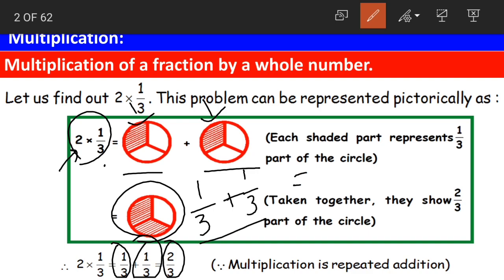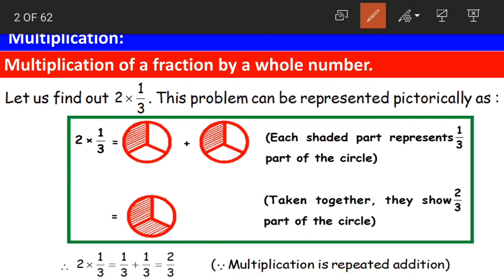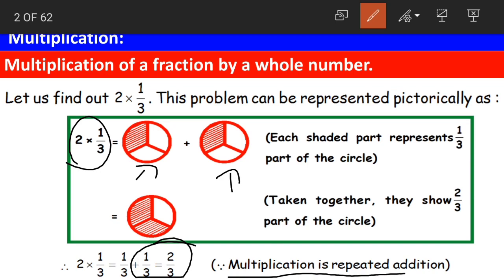These two are like fractions, so we simply add the numerators and take the denominator as it is. 1 plus 1 divided by 3. 1 plus 1 is equal to 2 and divided by the denominator 3. Yes, students, this is how 2 into 1 by 3 is nothing but 1 by 3 plus 1 by 3, which is equal to 2 by 3. Why? Because multiplication is repeated addition.